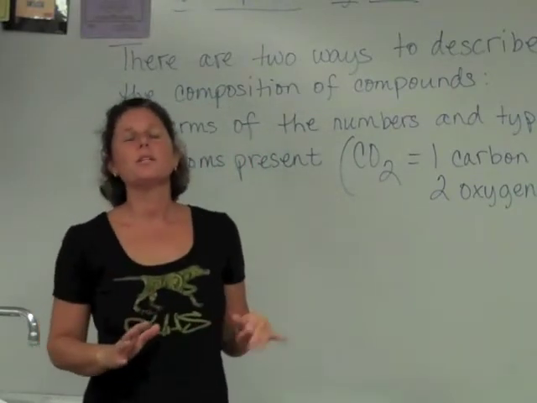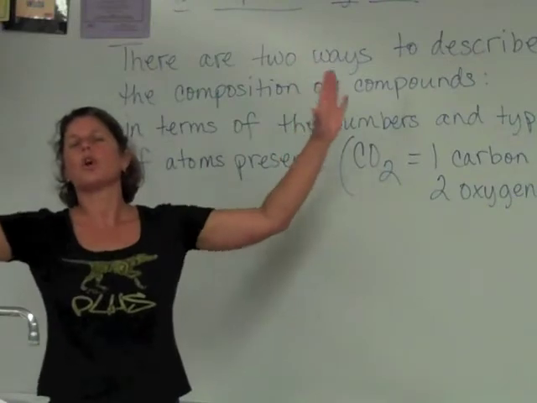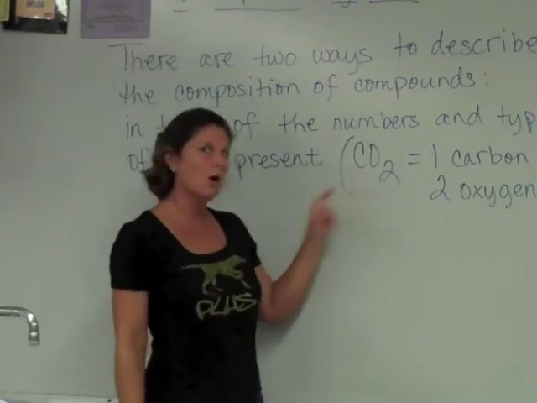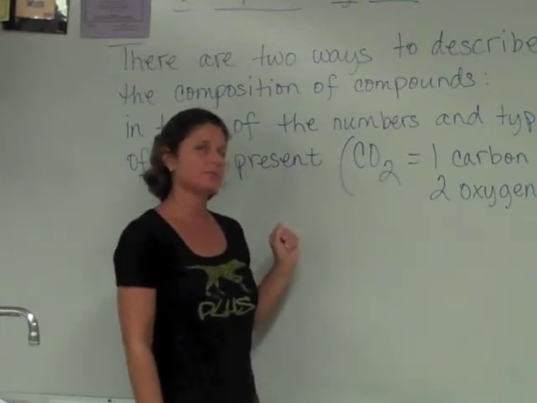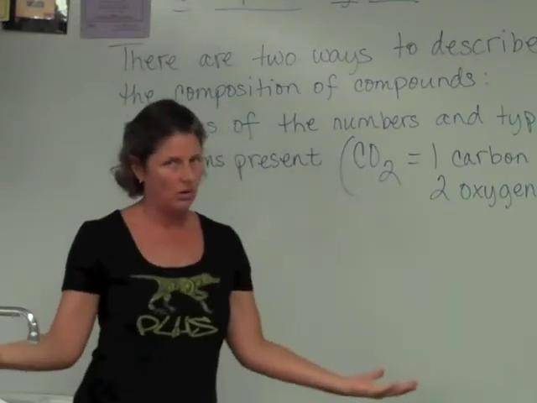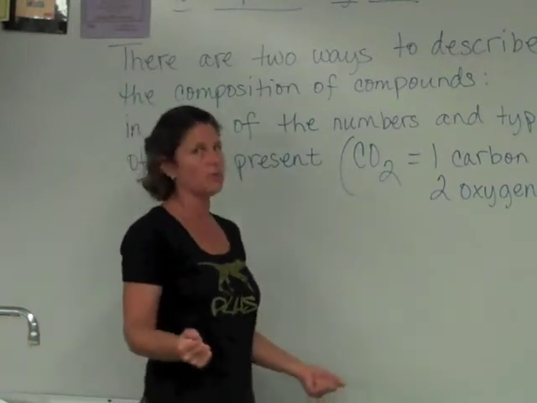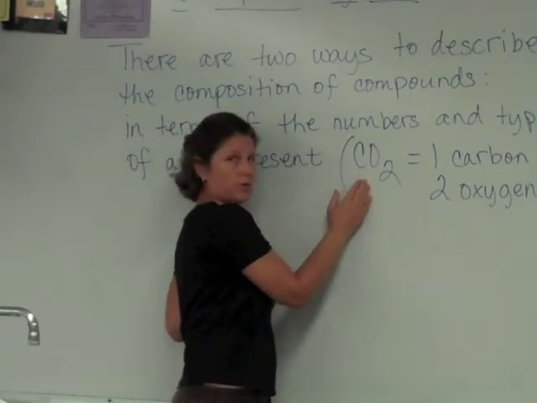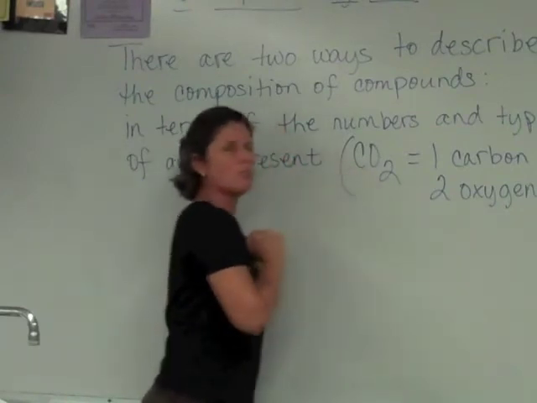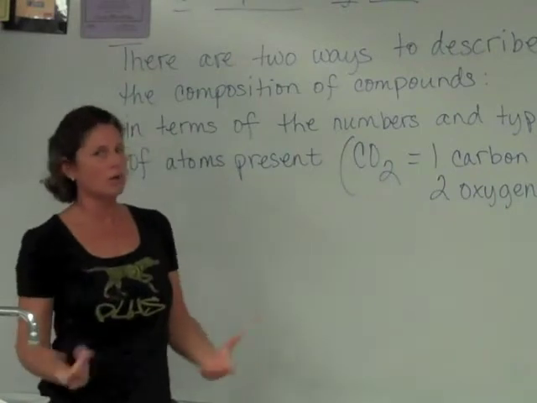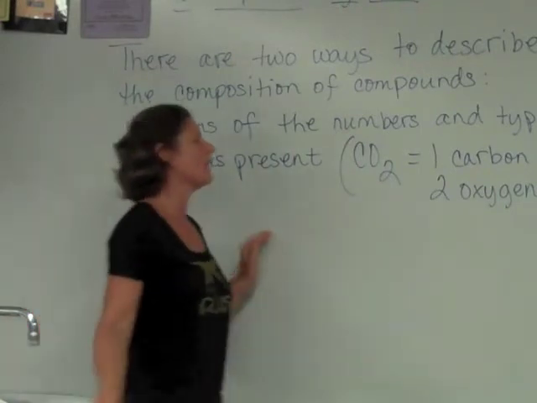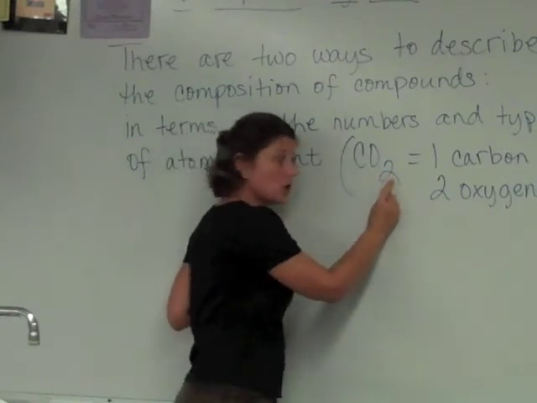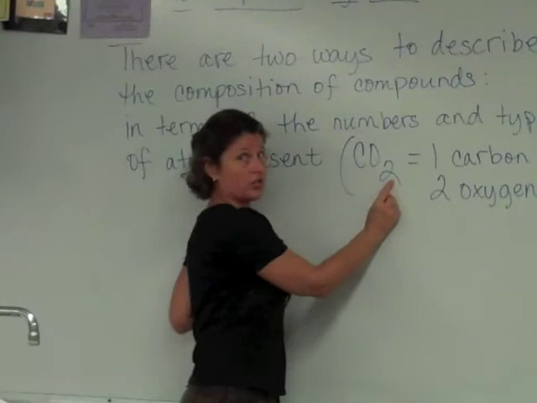Now, for whatever reason, we have a hard time blowing this up to a large number. Let's say, instead of just one molecule of carbon dioxide, we have a mole of molecules of carbon dioxide. So in that mole of carbon dioxide molecules, I will have 1 mole of carbon atoms and 2 moles of oxygen atoms.